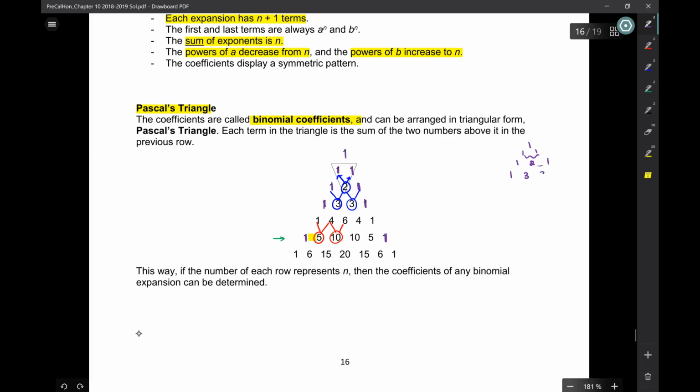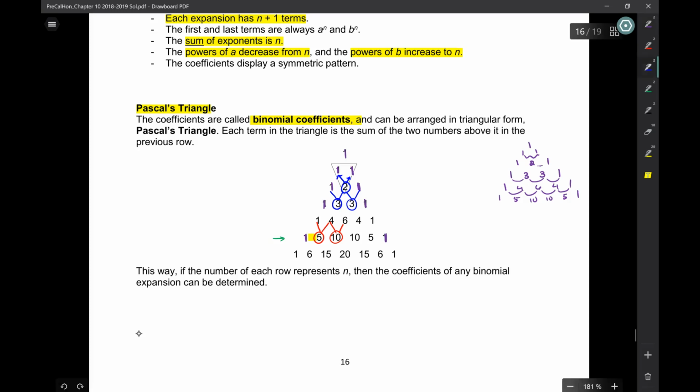I need another number in between here, so 3. And then you end with a 1. This gives you 1, 4, 6, 4, 1. And again, 1, 5, 10, 10, 5, 1. Okay, so that's how you generate that.